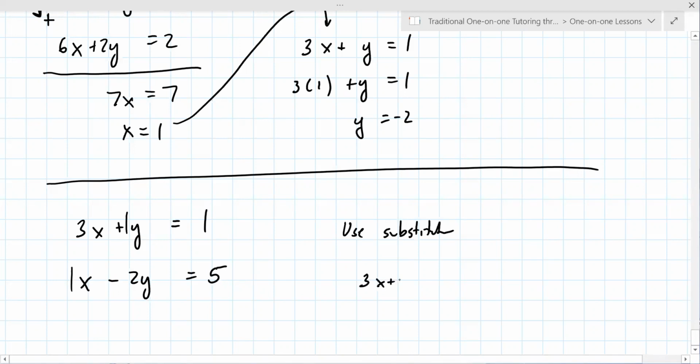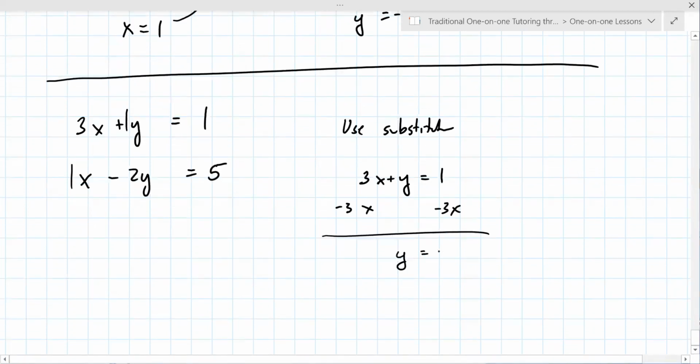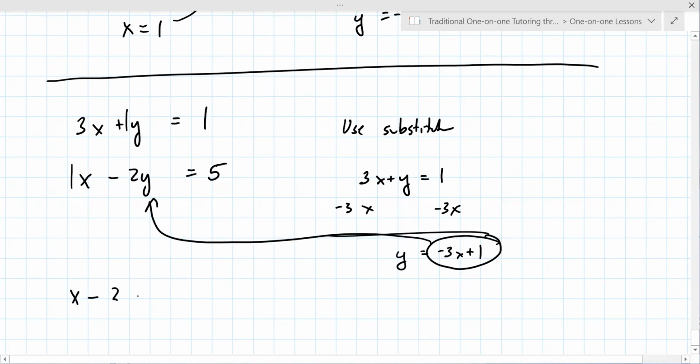So you take the top one, 3x plus y equals 1. You subtract 3x from both sides, so you get y equals minus 3x plus 1. Then you sub that in up here. So you get x minus 2, parentheses, minus 3x plus 1, equals 5.